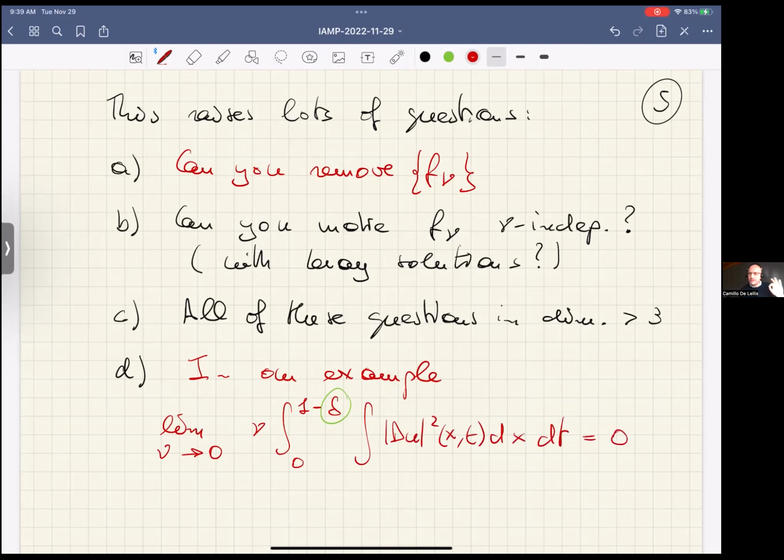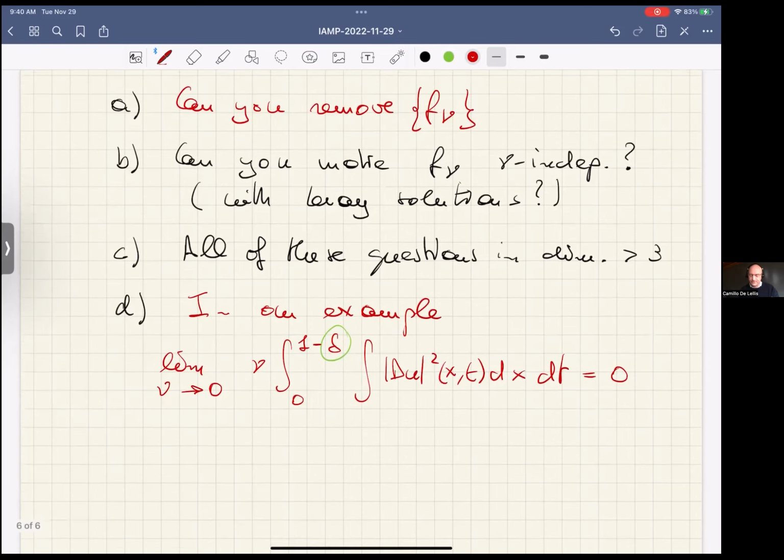So essentially, if you want, the dissipation is creating a Dirac mass in time at that time t equal 1. Everything is happening at the same time. And it's not really what you would imagine should happen.